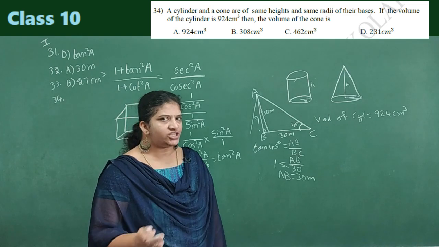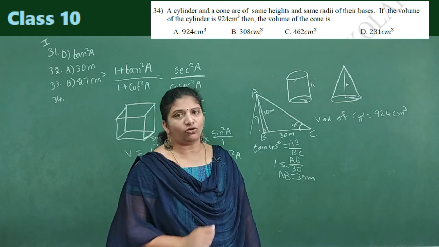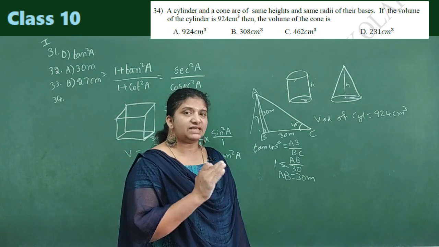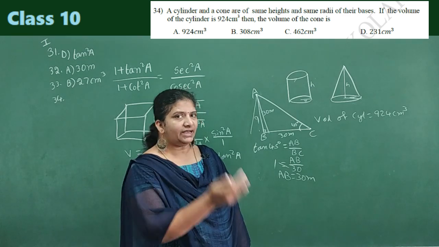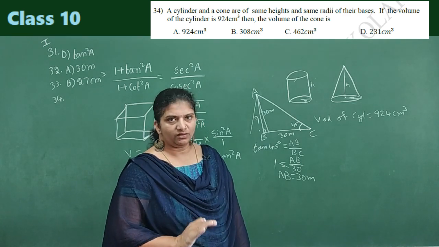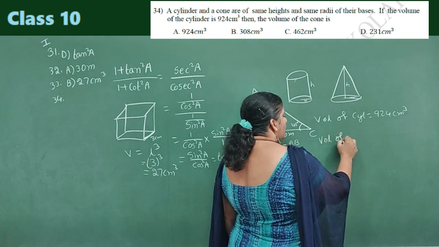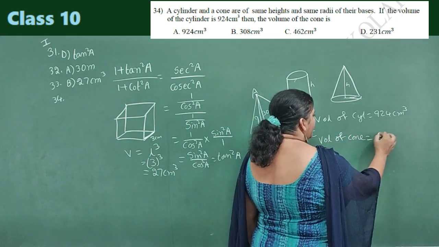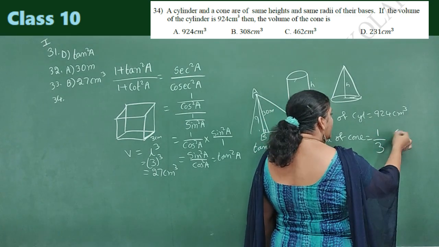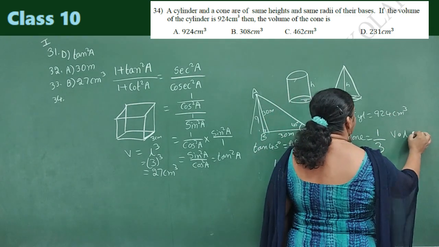We know the relation between volume of a cylinder and a cone. Volume of a cylinder is 3 times volume of a cone. Whereas if we need volume of a cone, it is 1/3 the volume of cylinder.